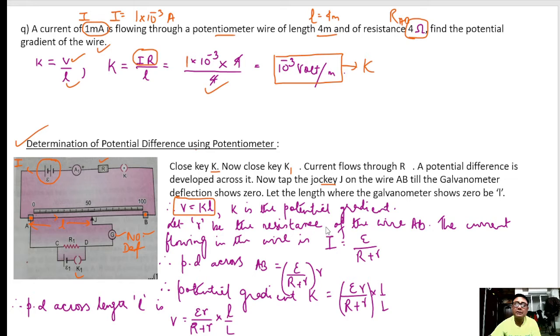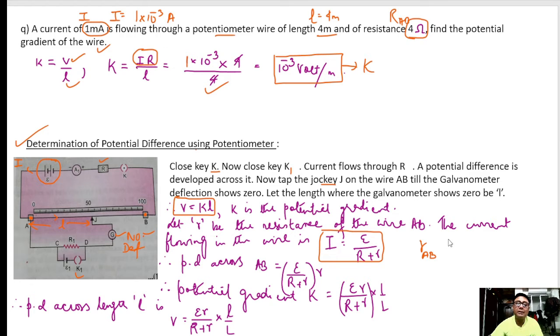Now what happens? See, let the resistance of the wire AB be R, so RAB is the resistance of the wire. Now what is the current flowing in the wire?